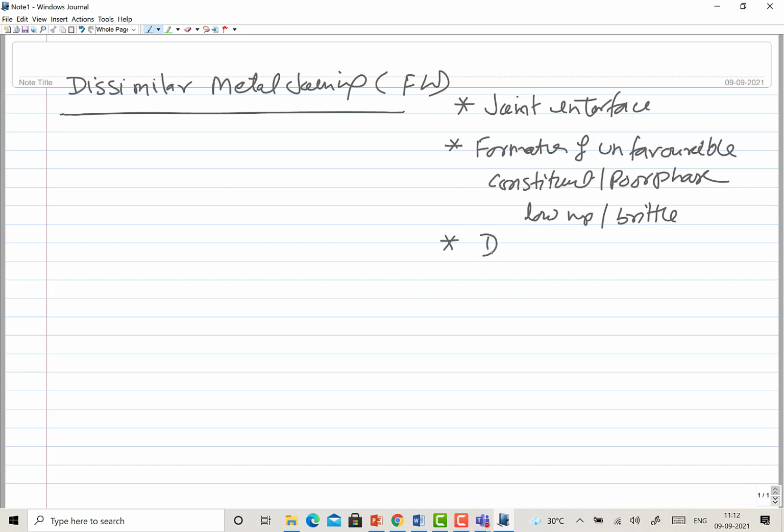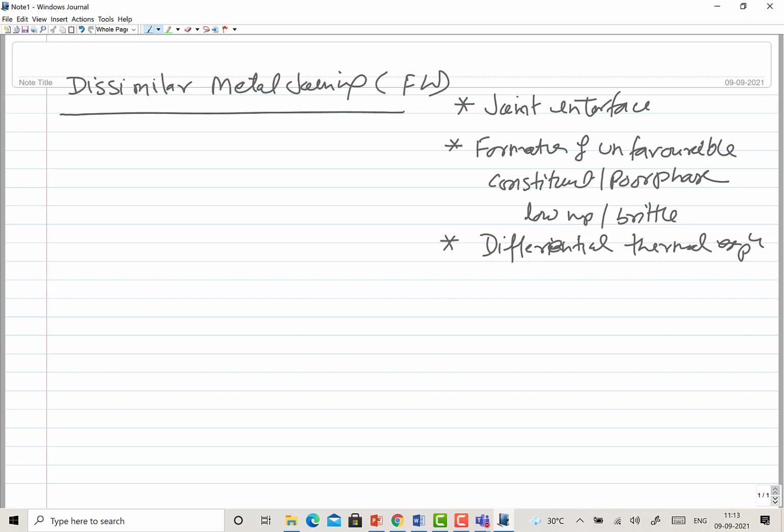The third issue encountered in dissimilar metal joining is the differential thermal expansion coefficient. So we need to apply different approaches to deal with the issues linked with differential expansion and contraction.